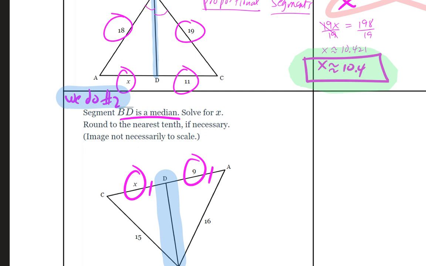So if it's a median, then we know that these sides have to be equal.